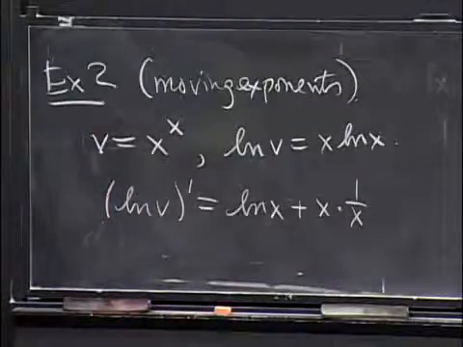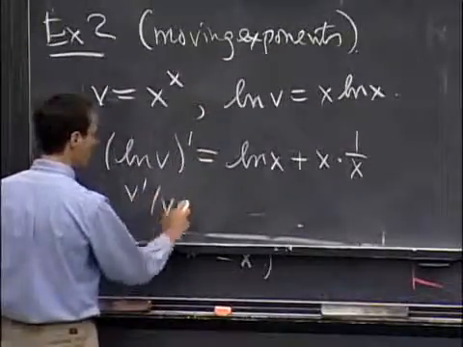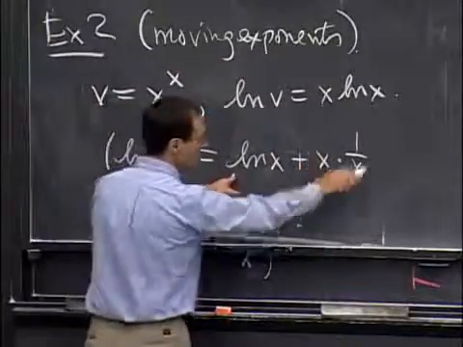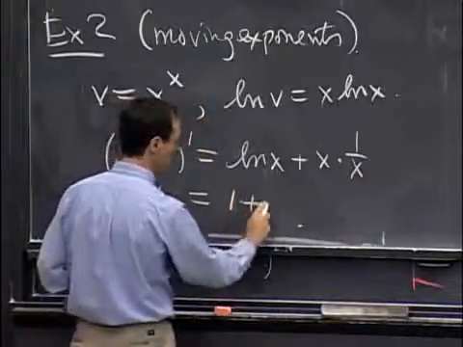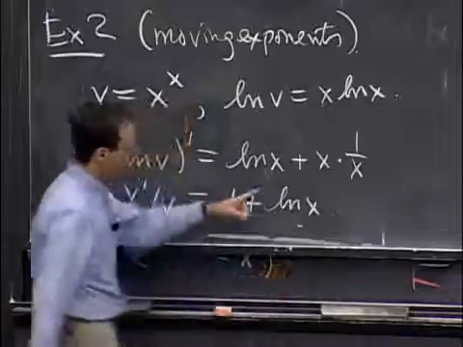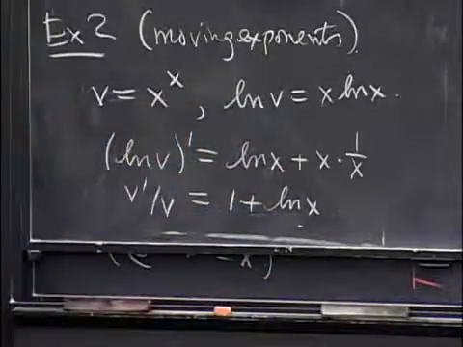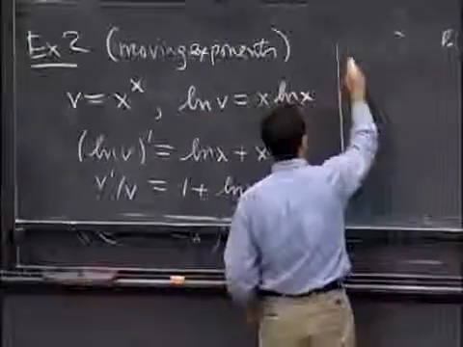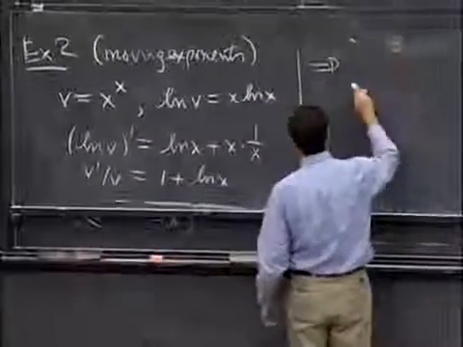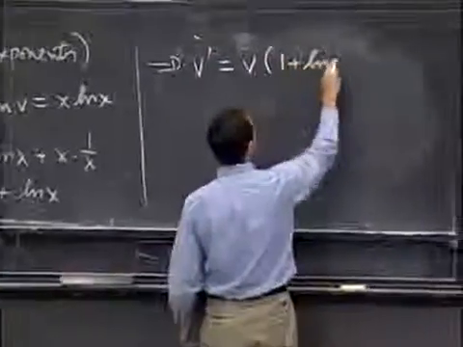So here's my formula, almost finished. So I have here v prime over v is equal to, now I'm going to multiply these two things together. I'll put it on the other side because I don't want to get it mixed up with log x plus 1, the quantity. All right? And now I'm almost done. I have v prime is equal to v times 1 plus log x.